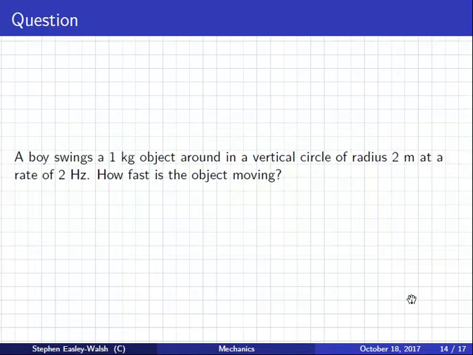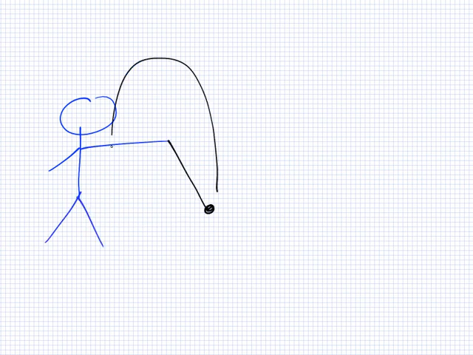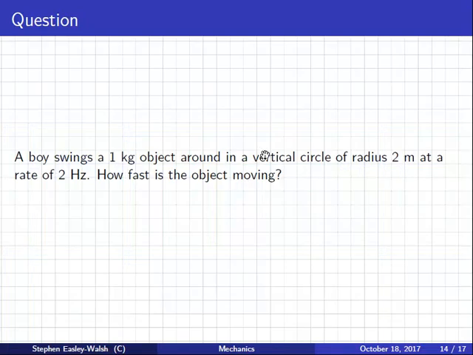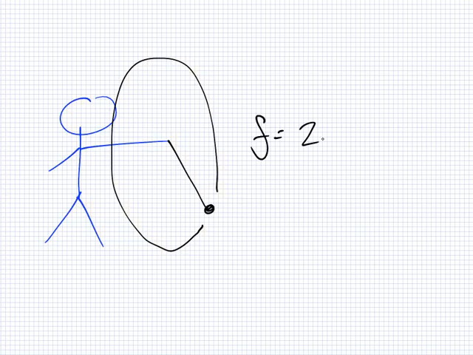A boy swings a 1 kilogram object around in a vertical circle of radius 2 meters at a rate of 2 hertz. How fast is the object moving? So in this picture here, here's our boy. And he has something here which he is swinging around. And he's doing that at a frequency of 2 hertz.